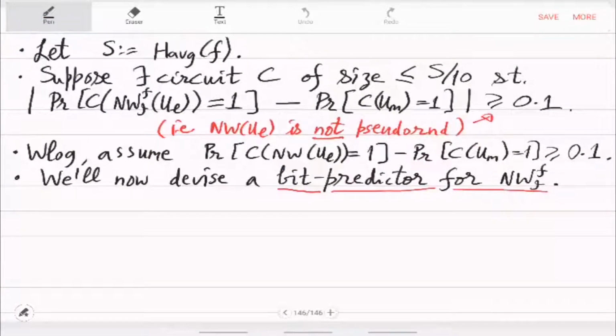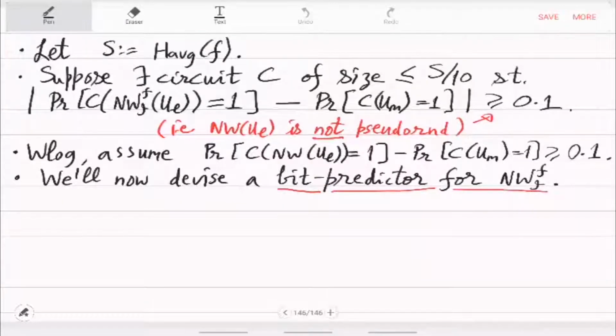So, let S be the average case hardness of f, and suppose this circuit C is the distinguisher, of small size S by 10, and it is able to distinguish between the Nisan-Wigderson I comma f on U_L distribution and the U_M distribution. Remember, the stretch is from L to M, following the design.